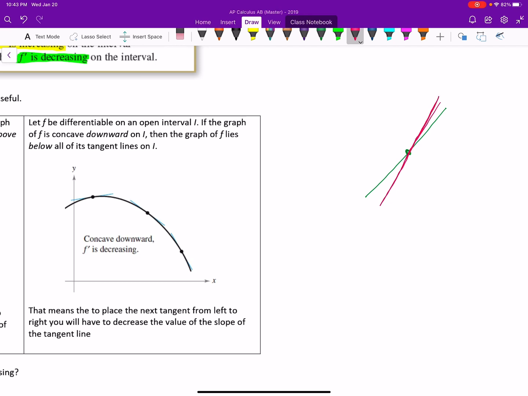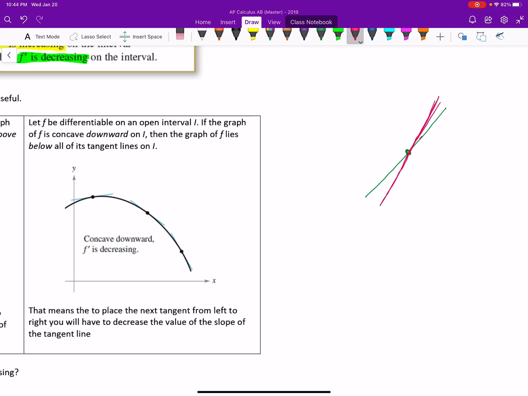If it's rotating in the counterclockwise direction, it's going to give me a positive slope, but it's going to be steeper. So the slope of this red line compared to the green line, or the second line compared to the first line, is going to have a higher value.